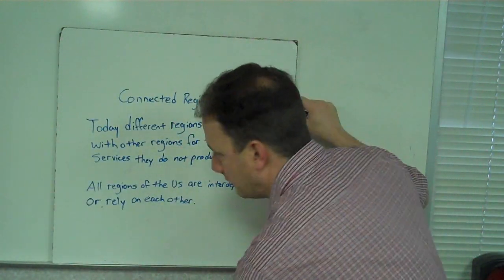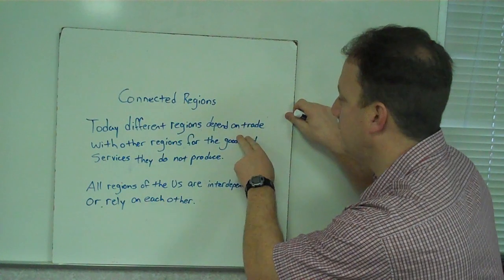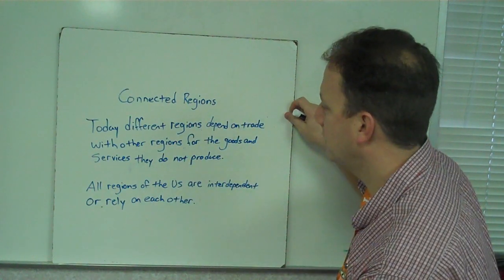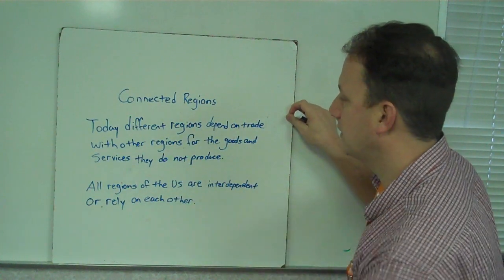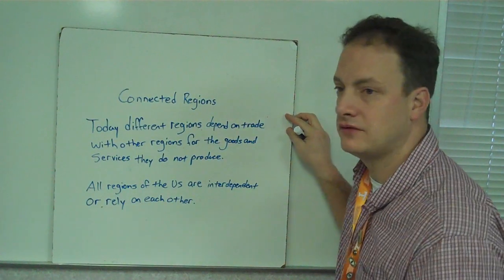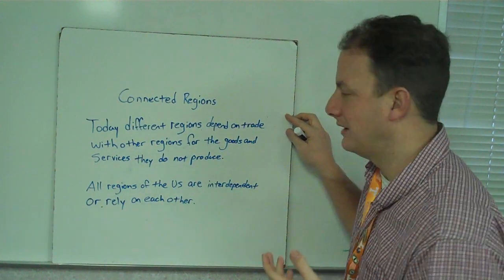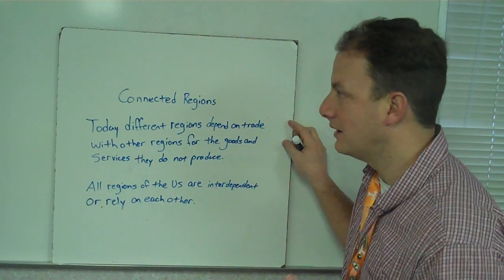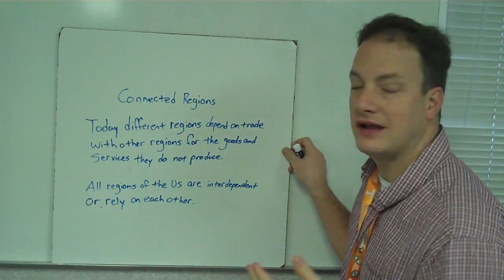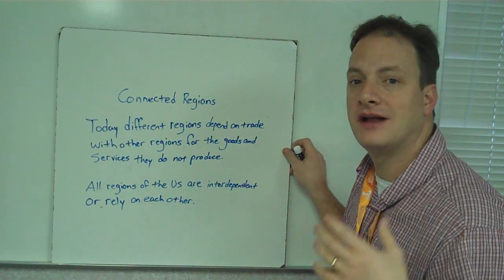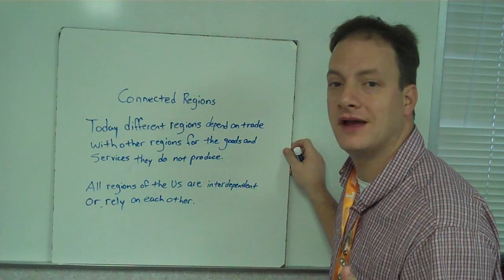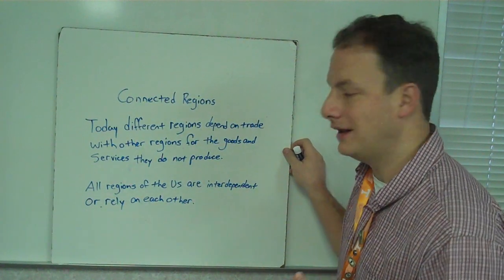Now, connected regions. Today, different regions depend on trade with other regions for goods and services they do not produce. It goes back to that example I said. If you live in an area where you have items that other states do not have, and they have items that you don't have, you can work out trade.